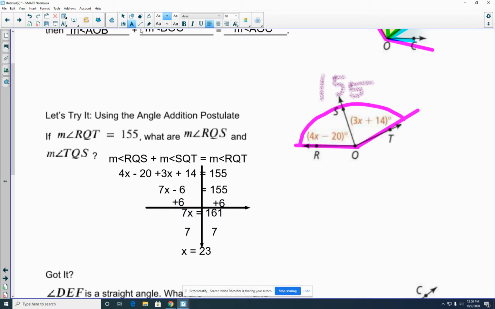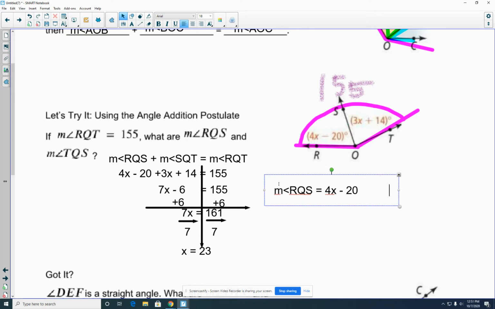Okay, so that helps us to find the value of x. Now we have to find RQS and TQS. So the measure of angle RQS is the expression 4x minus 20, and the measure of angle TQS is 3x plus 14. So I'm just going to take 23 and substitute in.